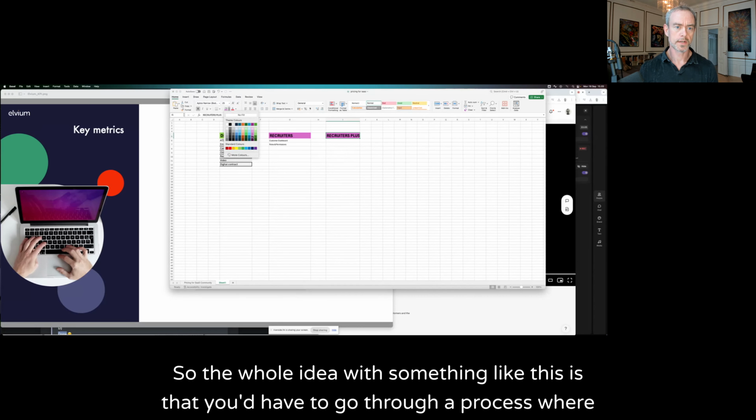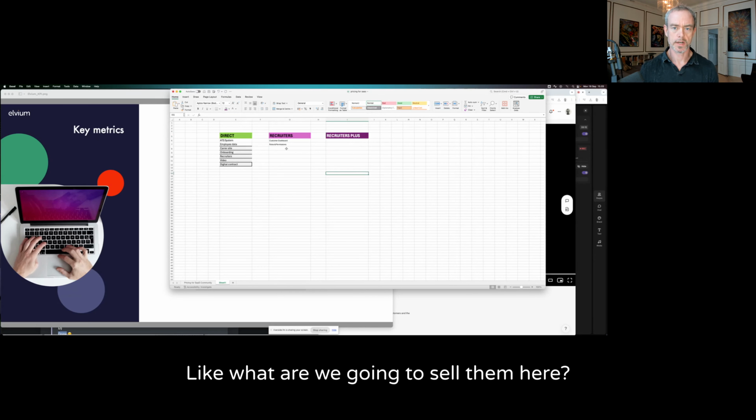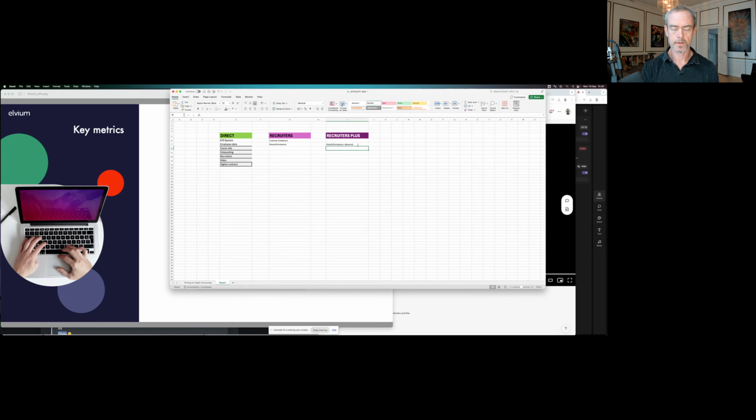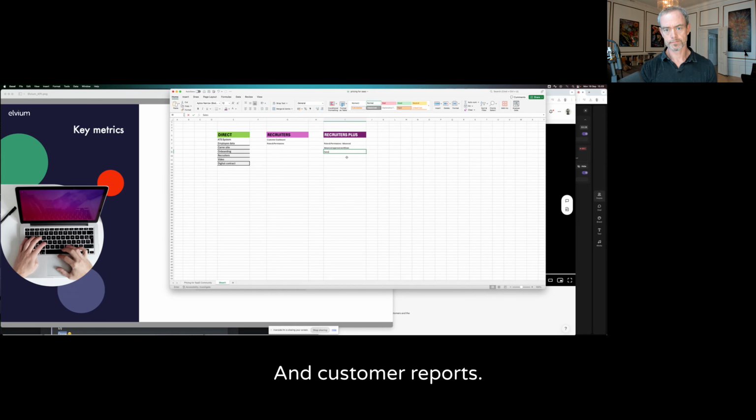So the whole idea with something like this is that you'd have to go through a process where you think about what is the next sale for the customer? Like, what are we going to sell them here? And then we're going to do something like advanced approval workflows, customer reports.